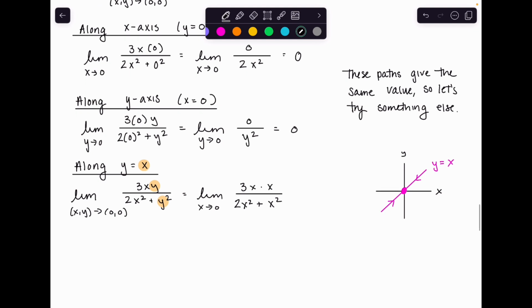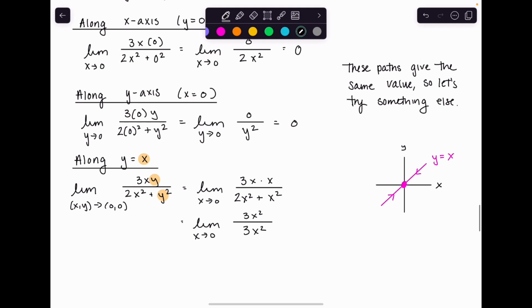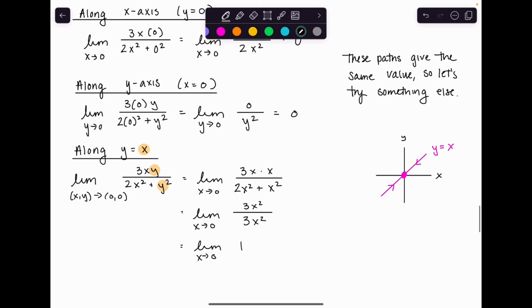And now here we can go through and evaluate this limit. We end up with 3x squared in the numerator. 2x squared plus another x squared is 3x squared. And then you can see nice stuff starts to happen because the x squareds cancel. And 3 over 3 will end up giving us 1.